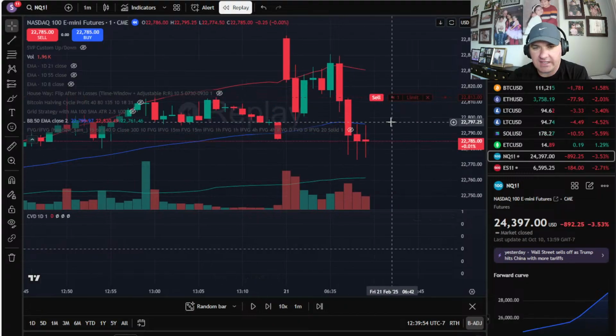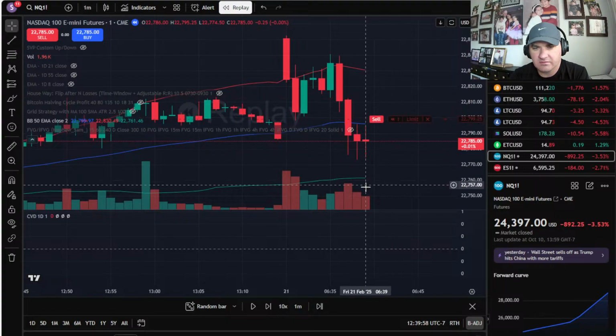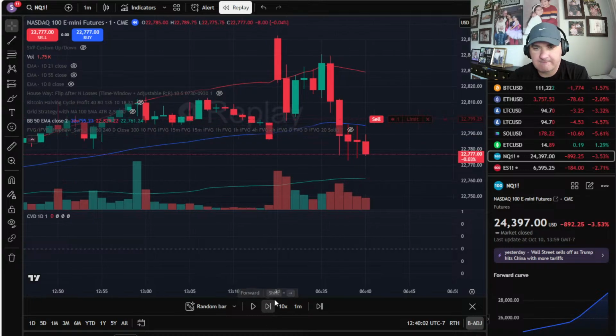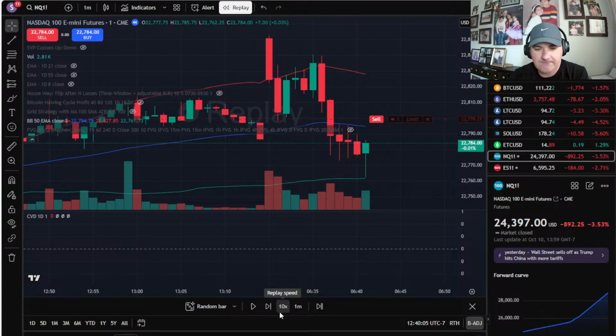We actually added another fair value gap there, so we always trade the middle of the lowest gap, or the highest gap in a bullish trend.